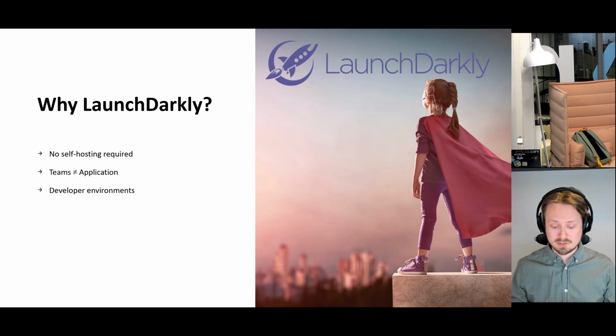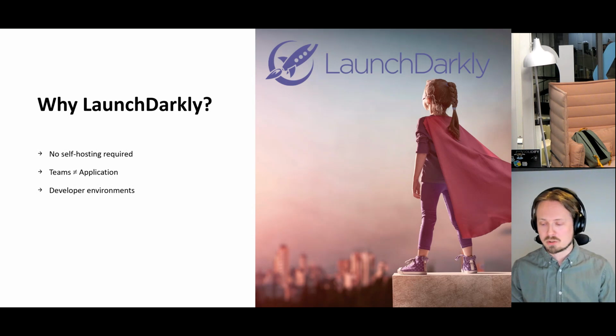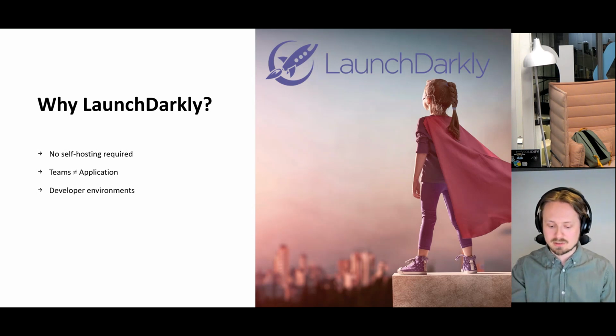For example, if we take the monolith, the core team owns it, but we have several teams building features in it and having their own feature flags. So the feature flag is owned by a team, even though the application might be owned by a different team. And we wanted that to be easily managed within the provider of feature flags.